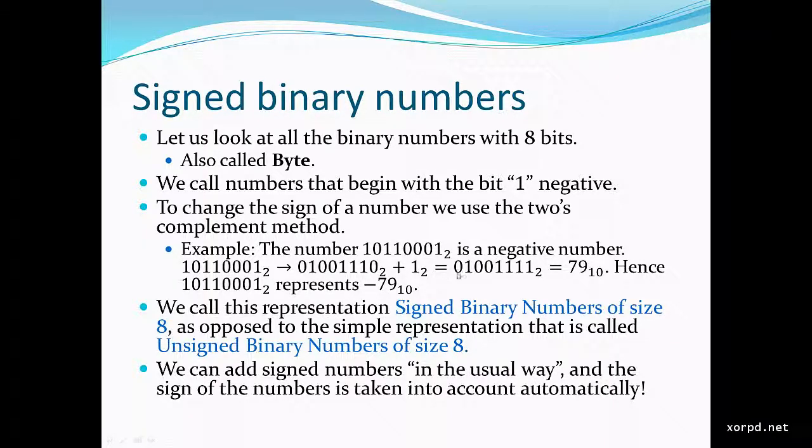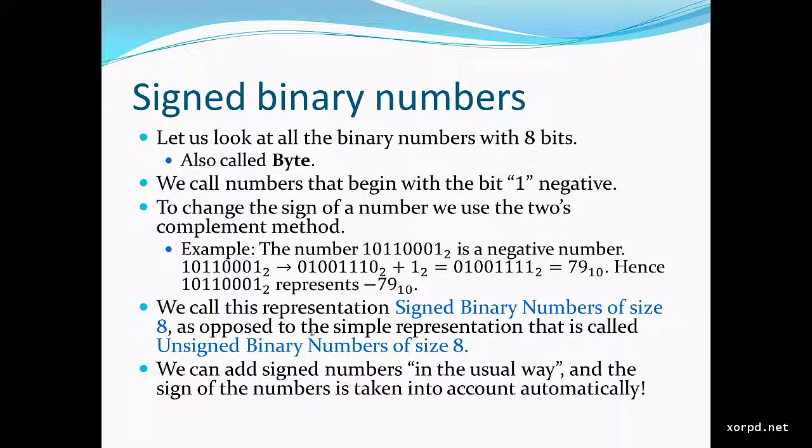Then we add 1 and we get this number, which is just 79 in base 10. That means that this binary number represents minus 79 in base 10 if we take into account the 2's complement interpretation.